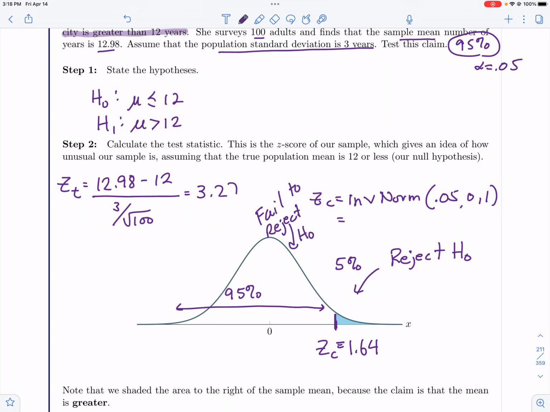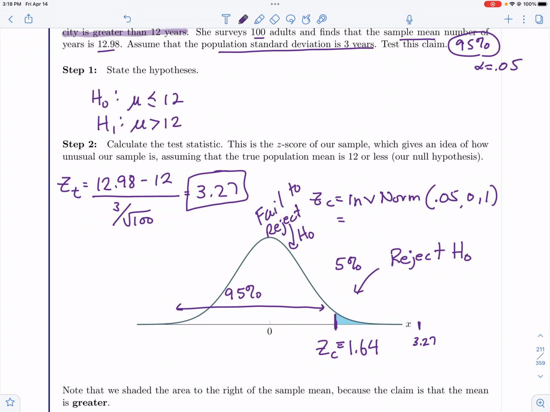So if we go back to our 3.27, does our 3.27 live in the white area or the blue area? Hopefully everybody at home is yelling, oh, it's over here in the blue area, because it should be probably even further to the right than that, but it should be somewhere over in this blue area.